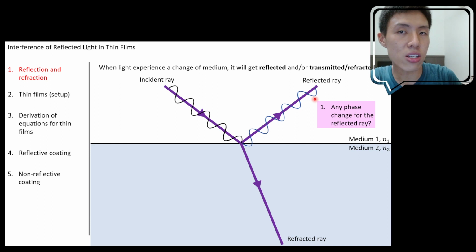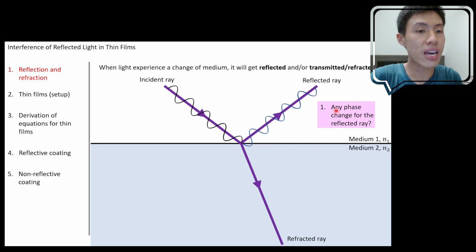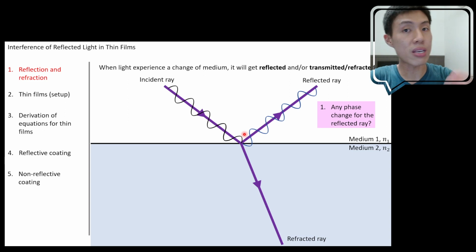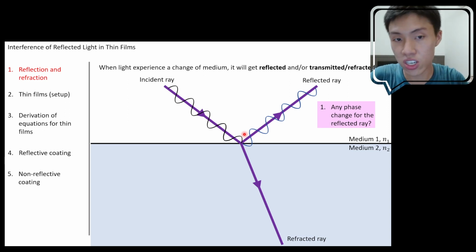One thing you need to consider is whether there's any phase change for the reflected ray. Phase change means whether your phase will be shifted. If it arrives here as a crest, will it come out as a trough, or will it also come out as a crest?